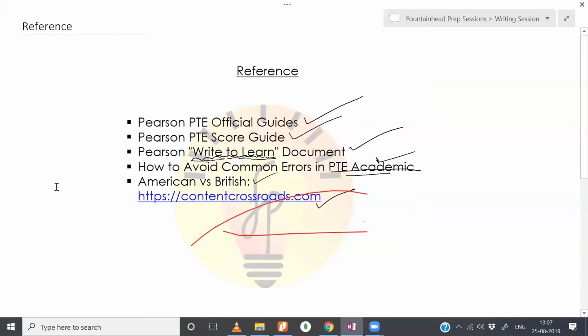All right, guys. Some of you may still not have taken a mock test. It's very important to know your current level. So if you have not taken your diagnostic test, I would request you to log into fountainheadprep.com and attempt the PTE diagnostic test. We will give you a call and a detailed evaluation of your performance.